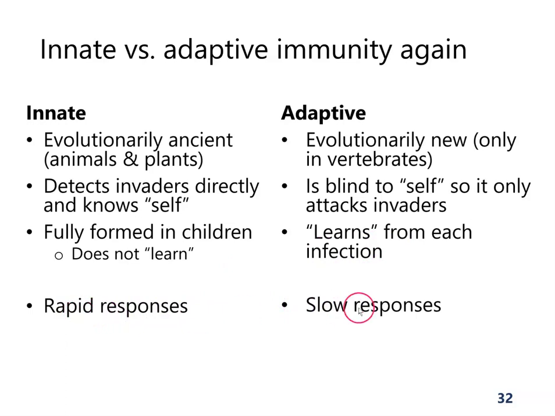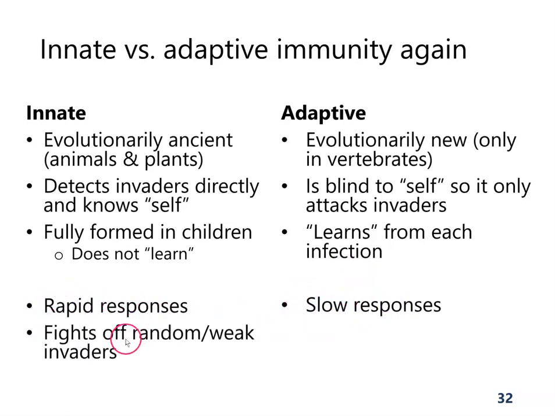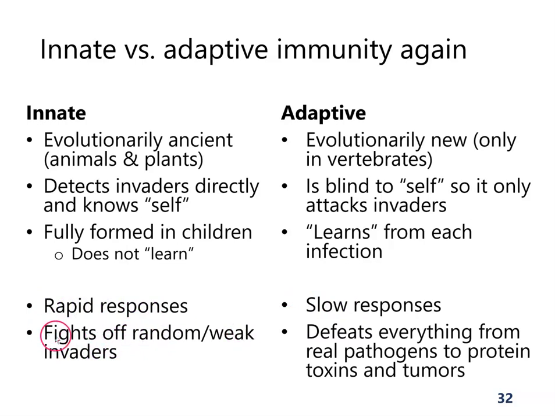And then all this other stuff. The difference in speed: you will see the steps the adaptive immune system has to go through, and you'll see why it is slower than the innate immune system. The innate immune system fights off all the random bacteria that fall into you. The adaptive immune system defeats pathogens. It defeats protein toxins. So let's say you get tetanus.